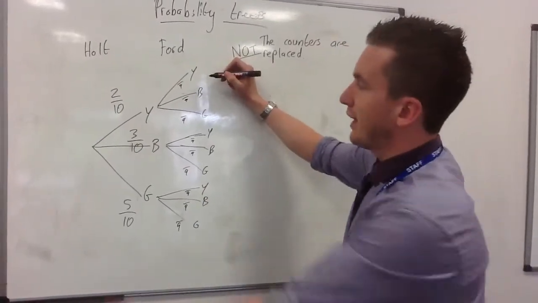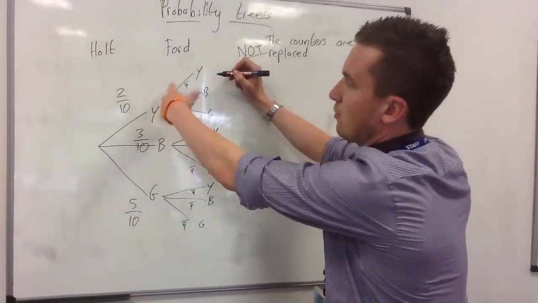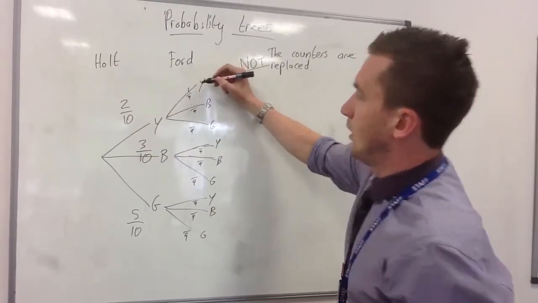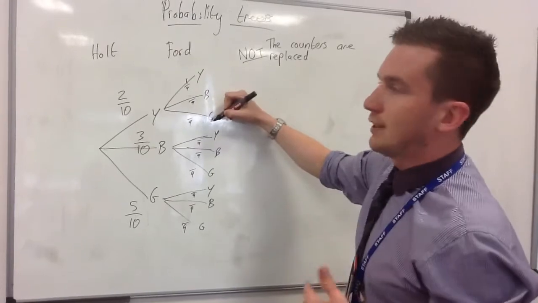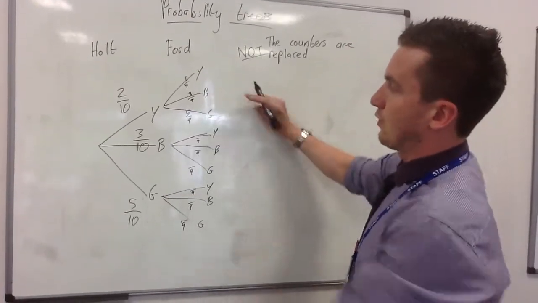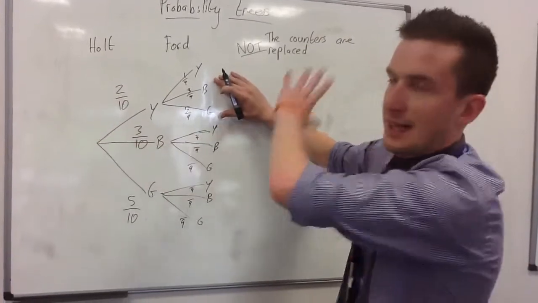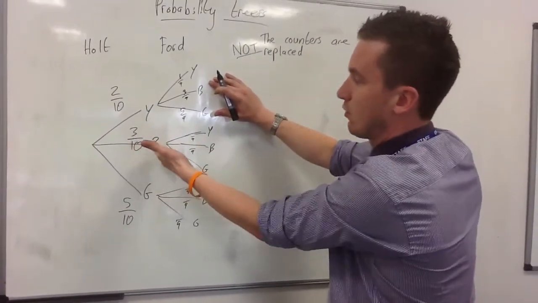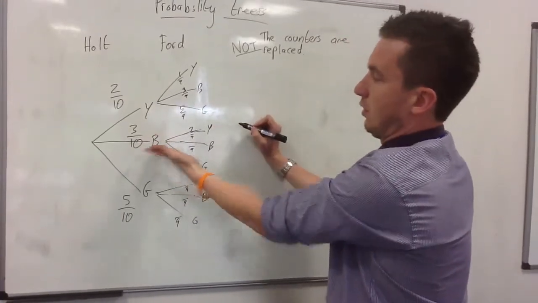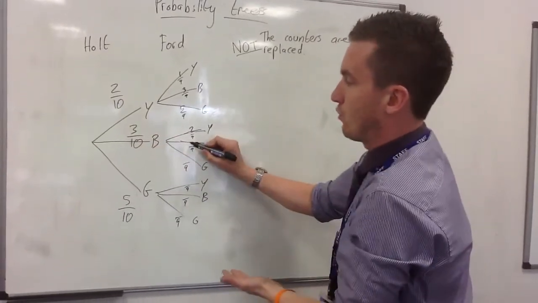Now, if I was to pick a yellow, that would mean there is 1 yellow left in the bag. The blues and the greens would still be the same, so that's 3 and 5. That's one option. Then you forget that and think, well, if I chose a blue, what would happen? There would be 2 yellows. I've chosen a blue, so there would be 2 blues left.